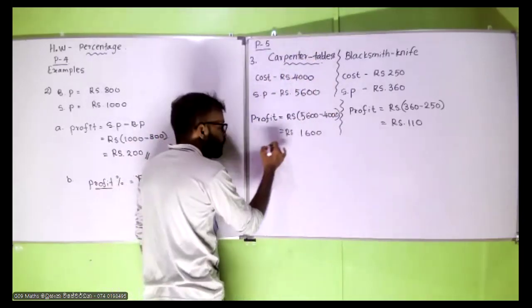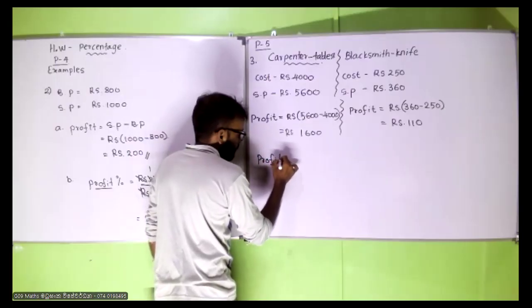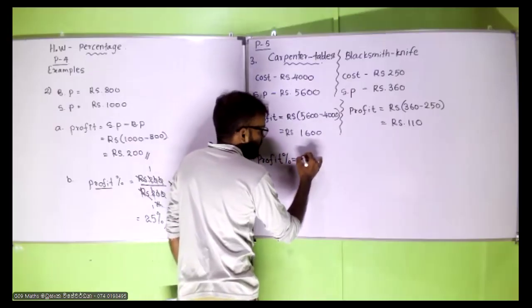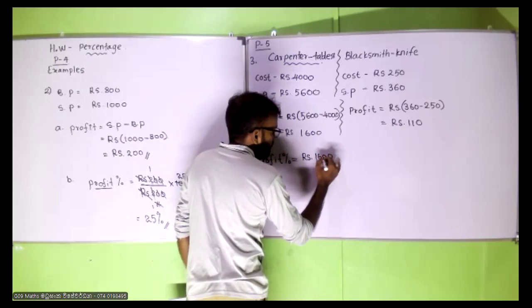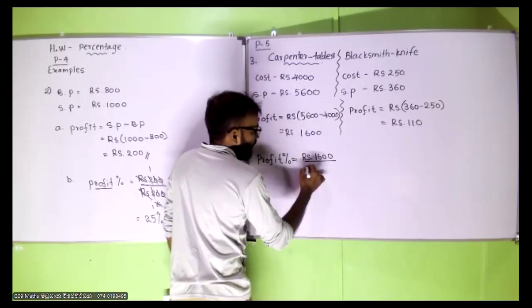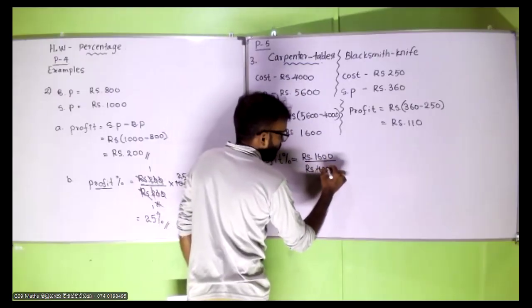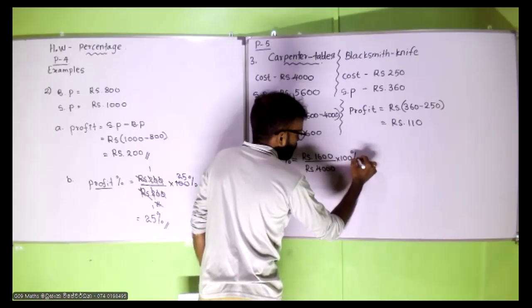So now I am going to calculate the profit percentage for the carpenter. You know what the profit for the carpenter is by selling tables, and the cost is 4,000 rupees, multiplied by 100%.